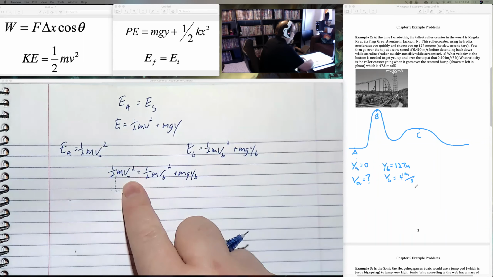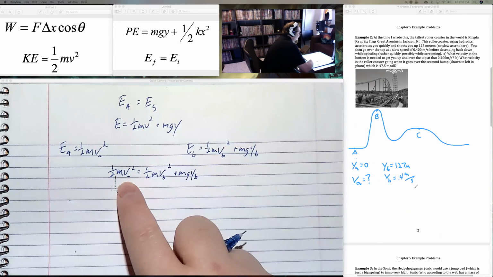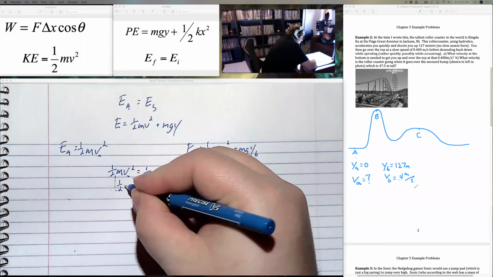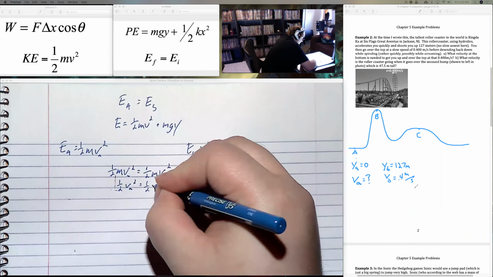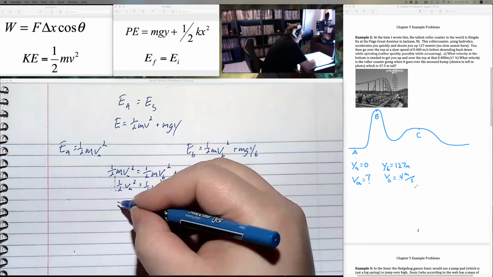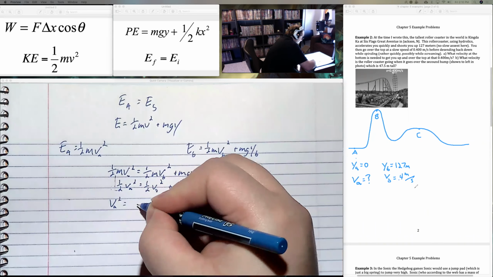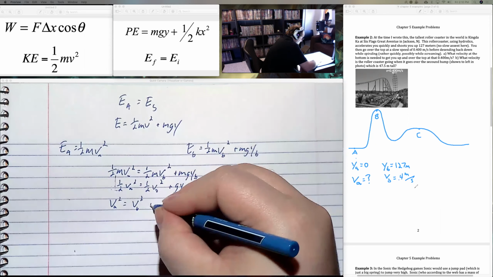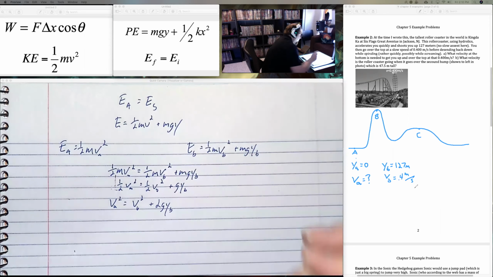This time I'm solving for VA. So I'm going to divide everything by m, and multiply everything by 2. This might look familiar because it's a kinematic equation.